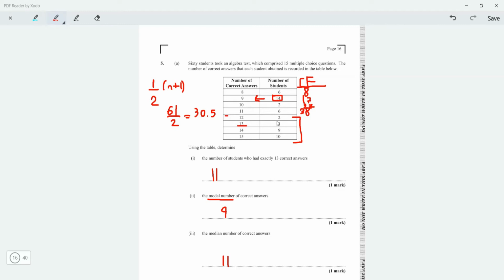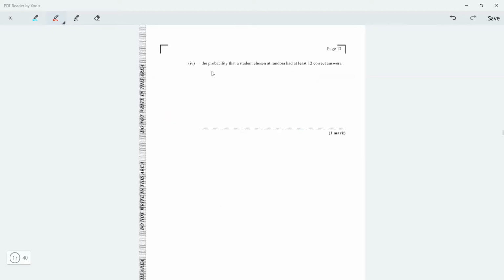I just want to add this one more time. Sometimes my addition with these small numbers is a little off. 13 and 9 is 22, and 10 is 32. So I'm getting 32. So the probability of a student scoring 12 or more is 32 out of 60.